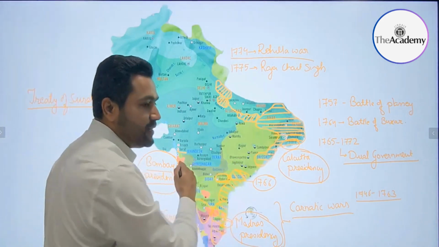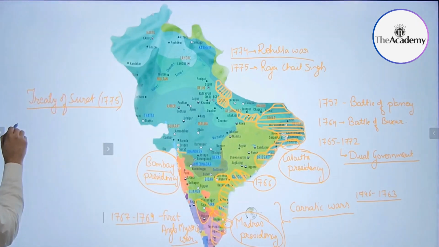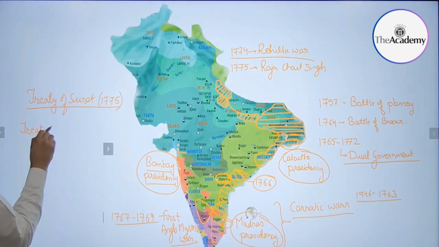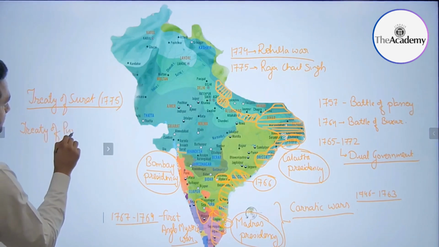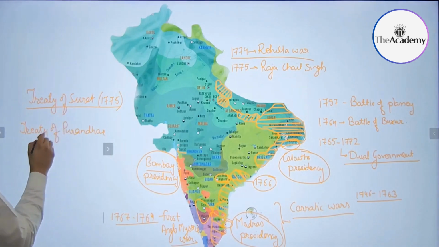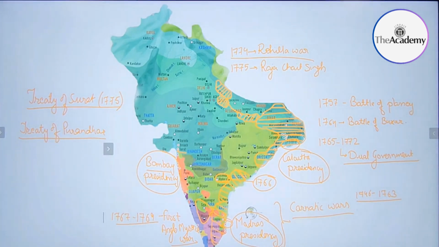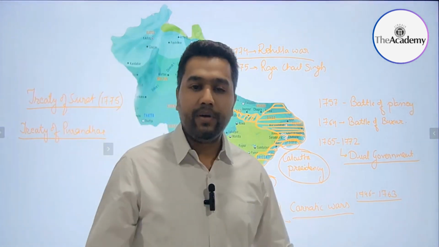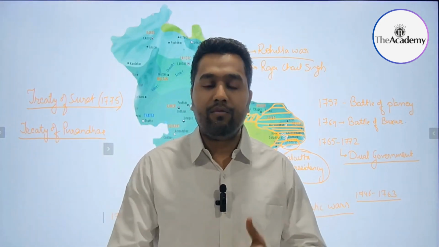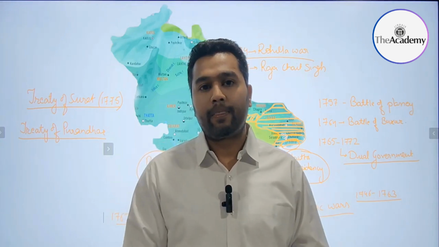However, Warren Hastings intervened, and Warren Hastings and the Marathas signed the Treaty of Purandhar, which nullified the Treaty of Surat. However, Bombay Presidency insisted and the war continued.